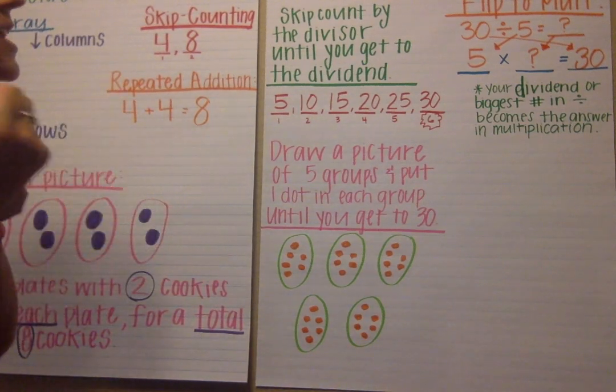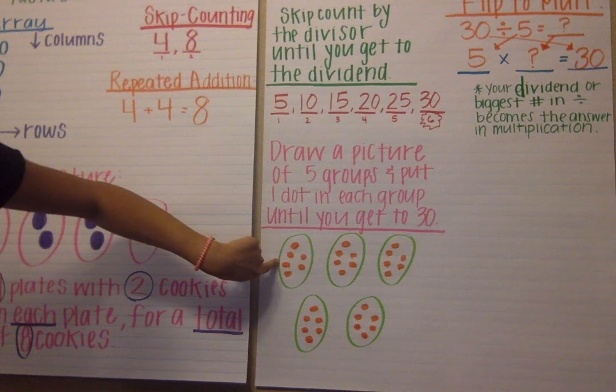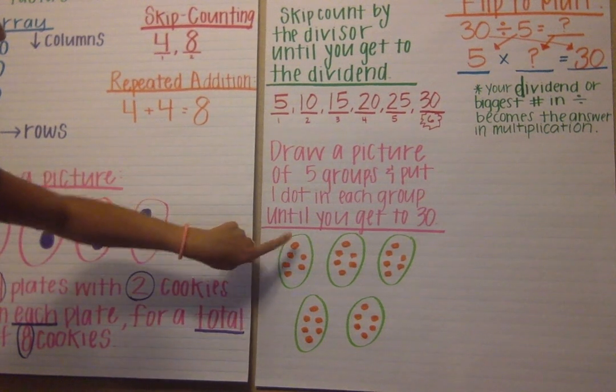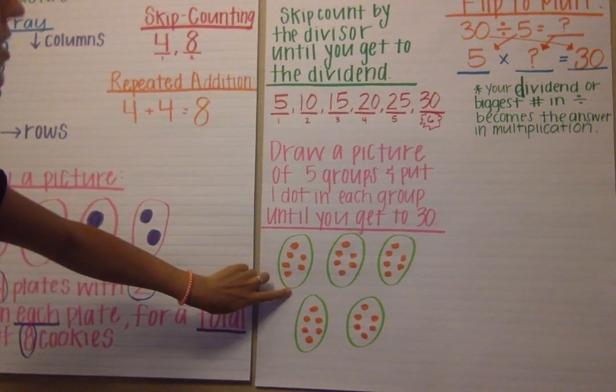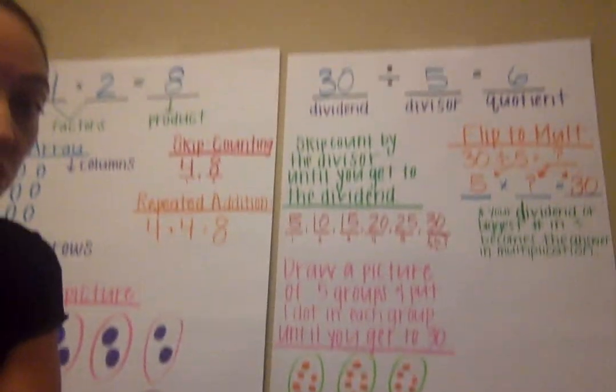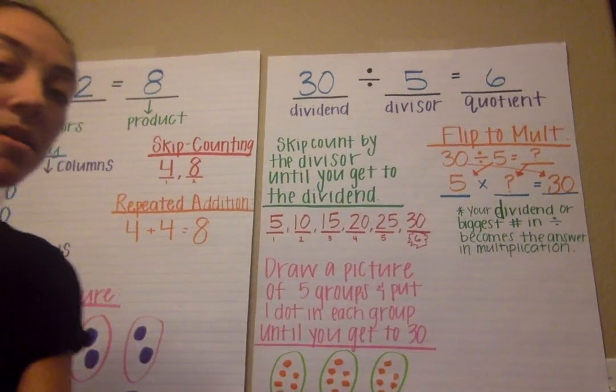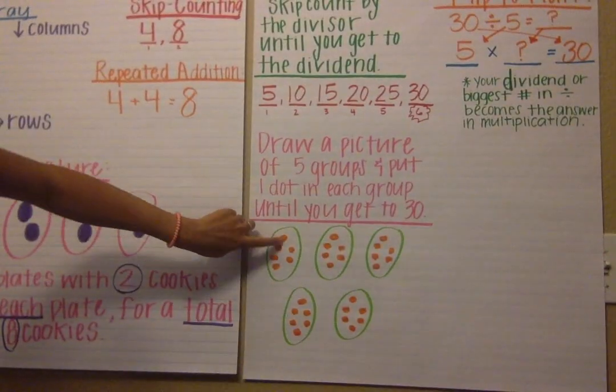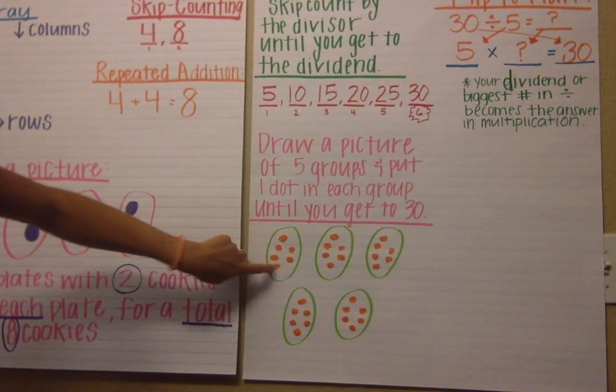Now I'm at 30, so now I need to count how many dots I put into each circle, and that will become my quotient or my answer in the division problem up here. Okay, so when I count them, I get 1, 2, 3, 4, 5, 6.